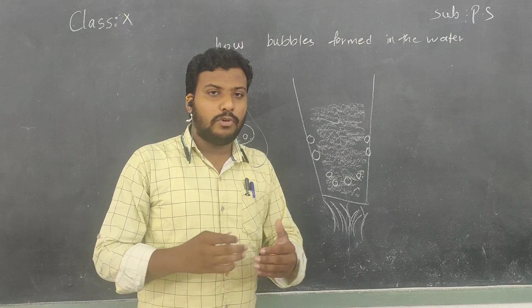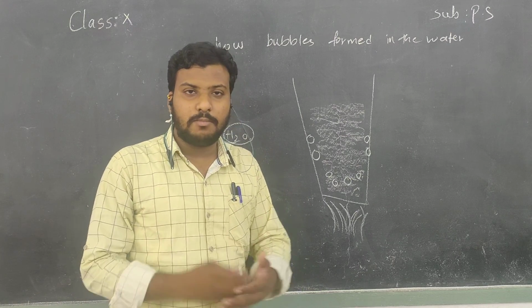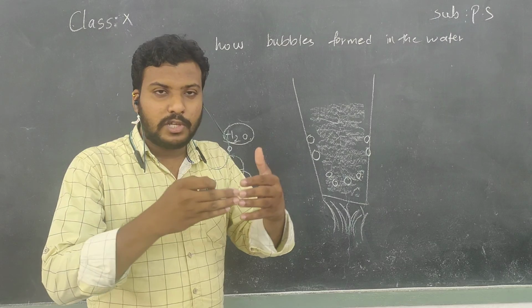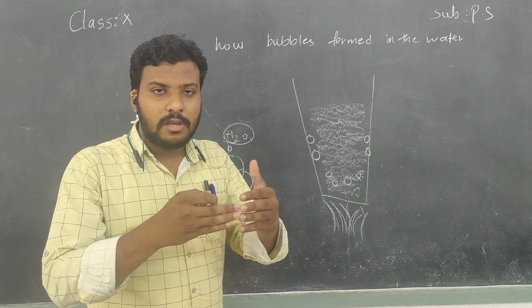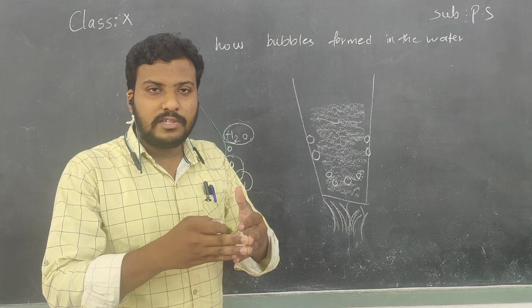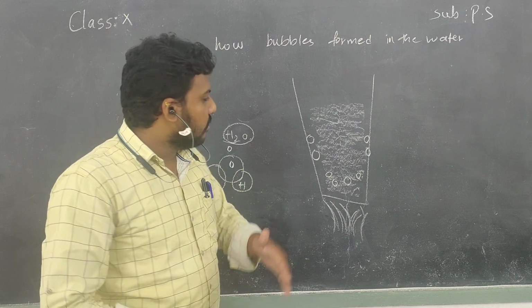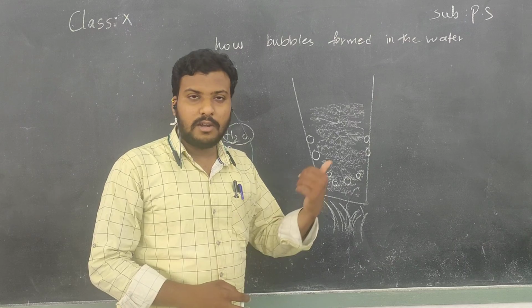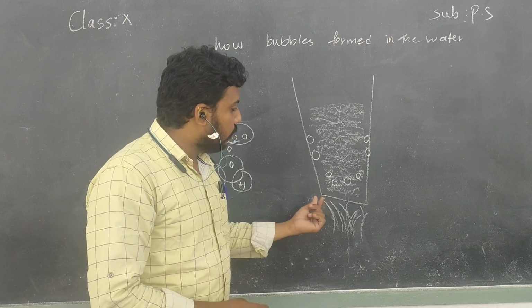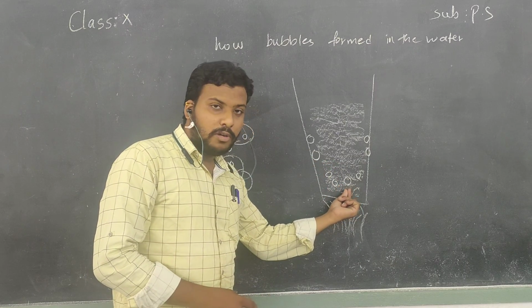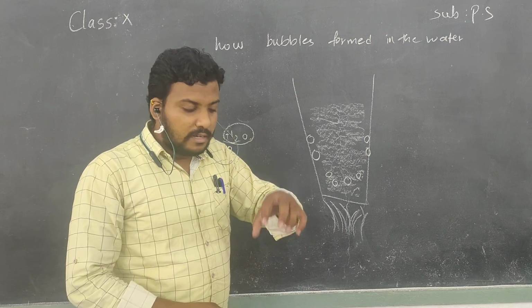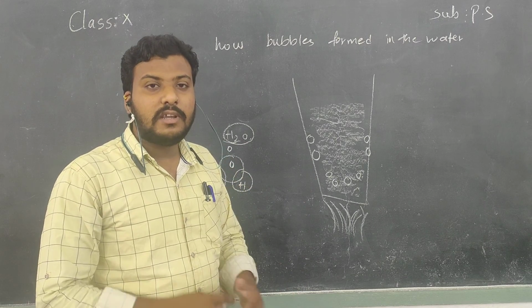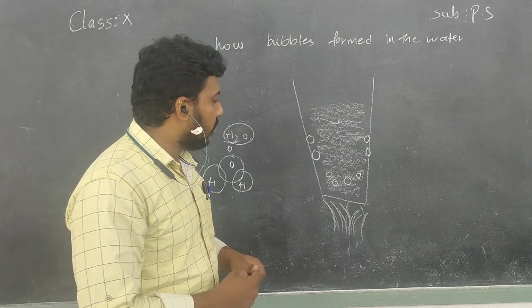During their motion, they may come closer to each other and collide with each other, and they lose their energies. This lost energy is given to the other molecules. The concept is evaporation. Here too, in the water, the molecules gain that heat energy and are converted into vapor.